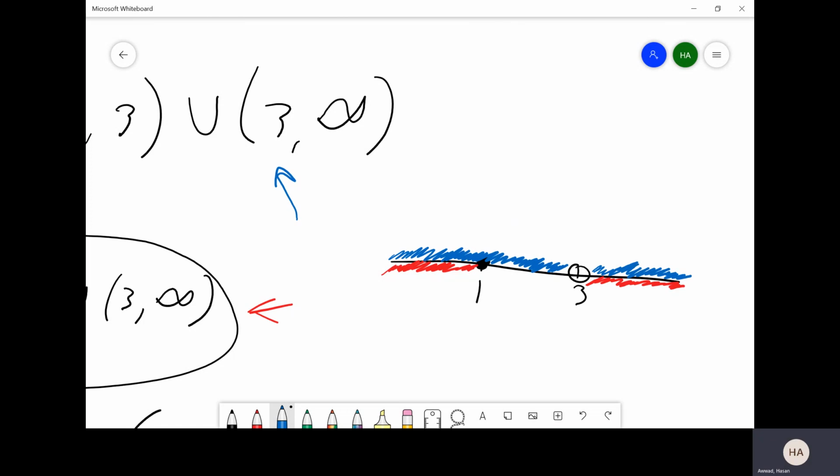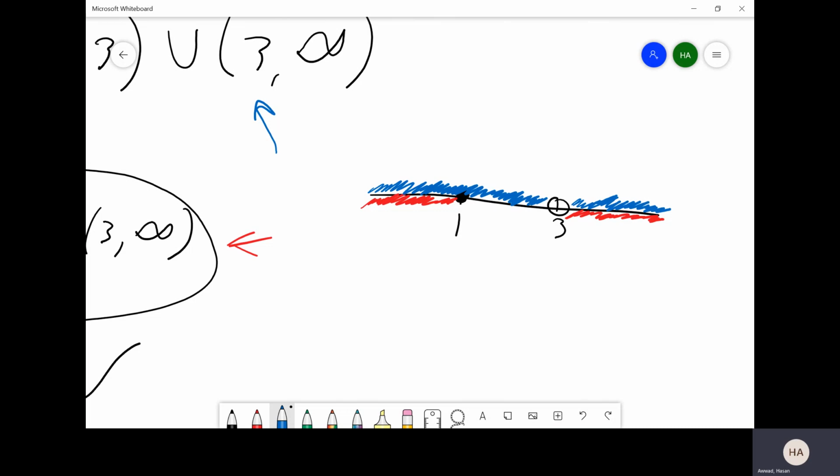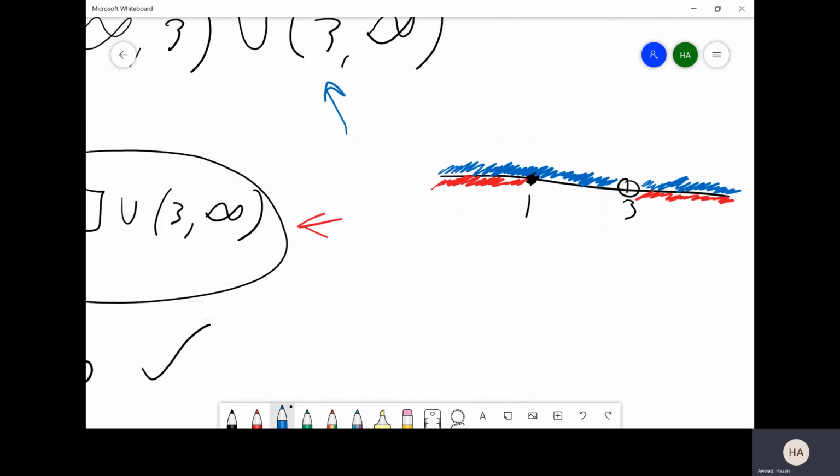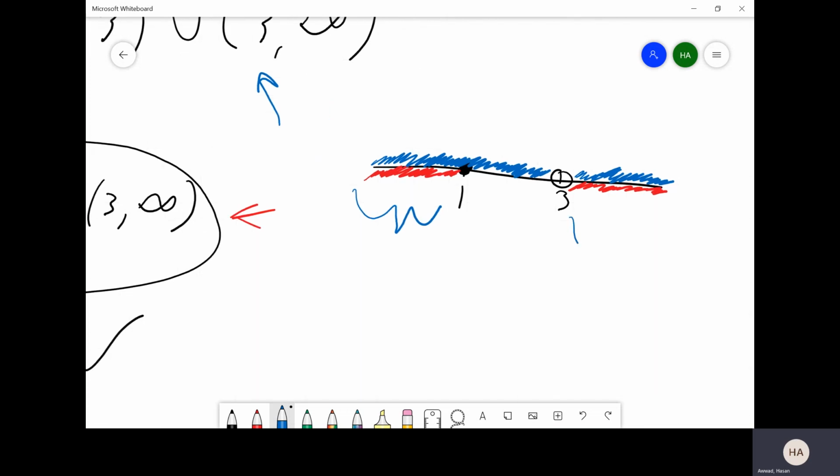What you're doing is looking to see where the domains agree, and as it turns out, the domains agree basically for this domain that we have circled, because it's this interval right here, and we're including 1 in both cases, right? Since the blue line goes through 1, we know that 1 is definitely going to be a solution for our domain.